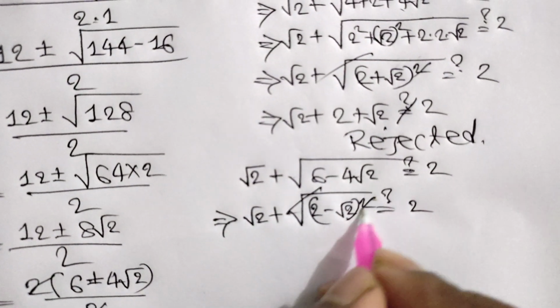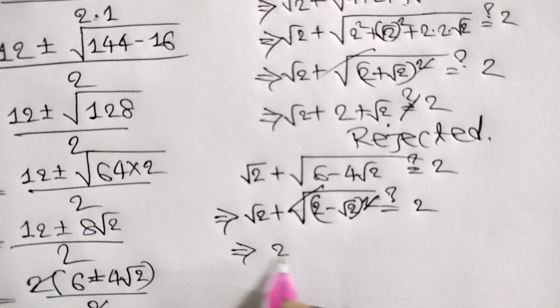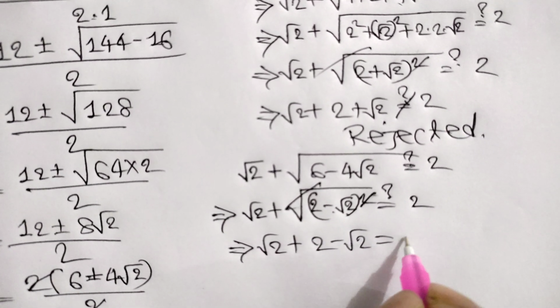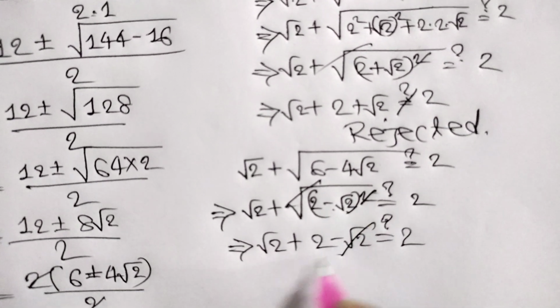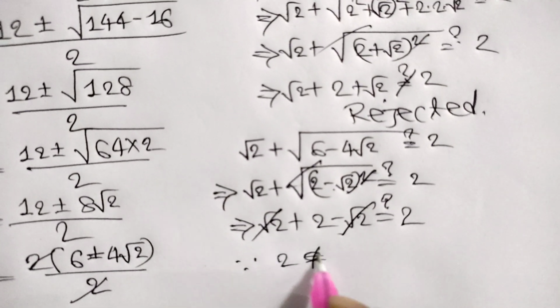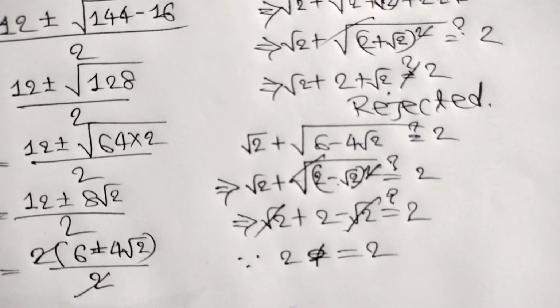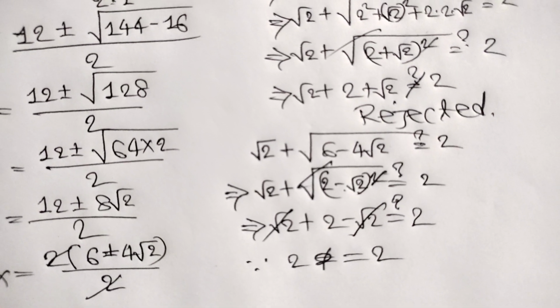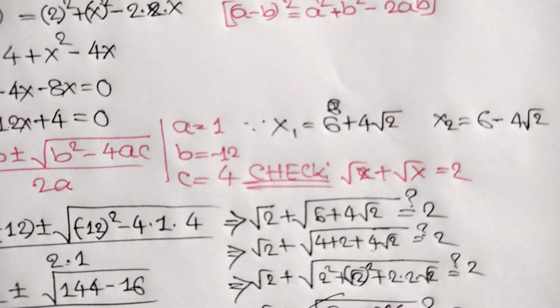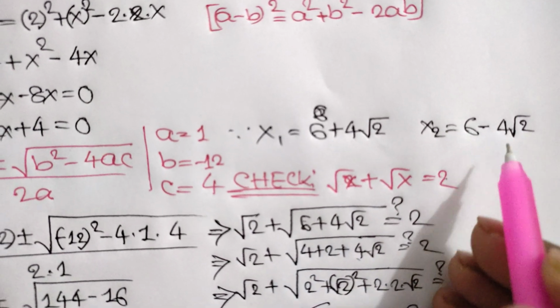Now the square root cancels this square, so here we will get square root of 2 plus 2 minus square root of 2, is it equal to 2? Now this cancels out this, so we get 2 is equal to 2. So left hand side is equal to right hand side, so our final answer is 6 minus 4 square root of 2.